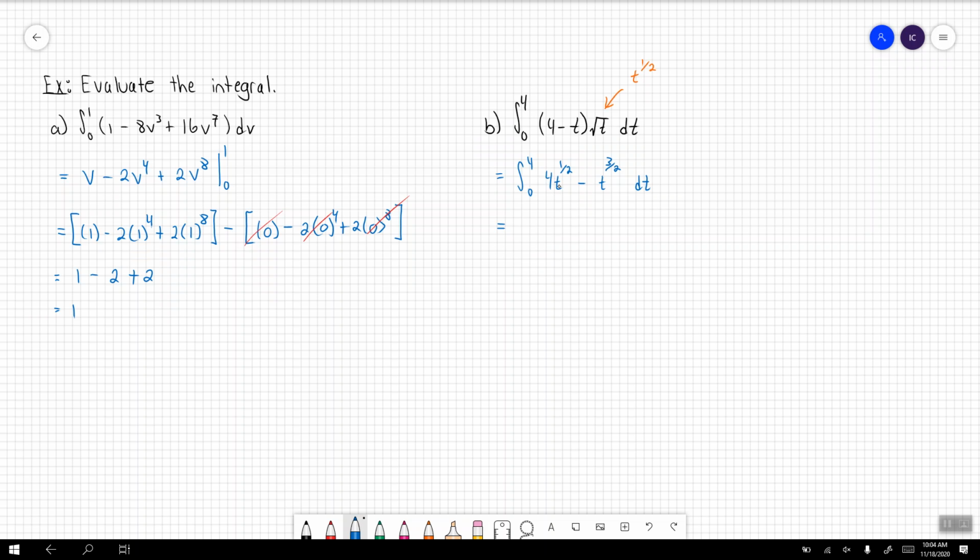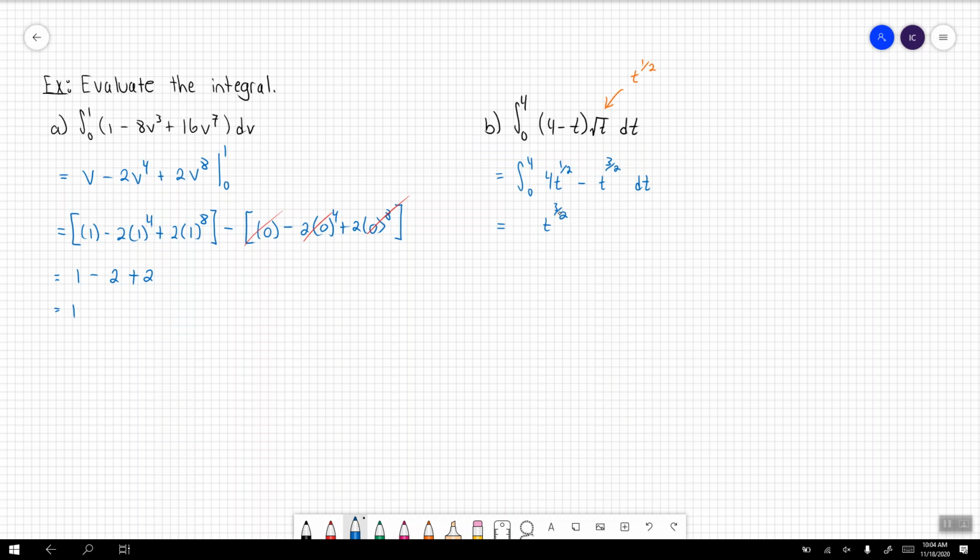So finding the antiderivative for 4 t to the power of 1/2, we're going to add 1 to the exponent. So t to the power of 1/2 plus 1 gets us t to the power of 3/2.